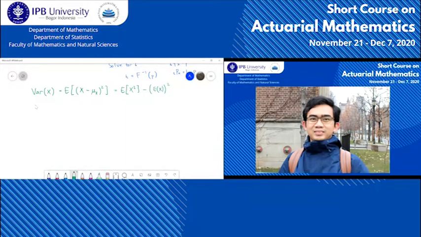Okay, so we have the second moment of Tx is the integral from 0 to infinity of t squared tPx mu x plus t dt. And again, we use integration by parts.